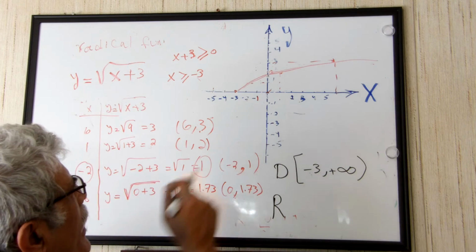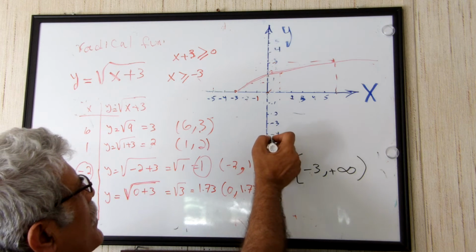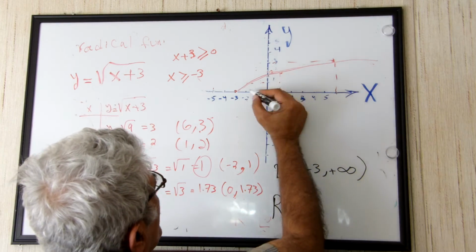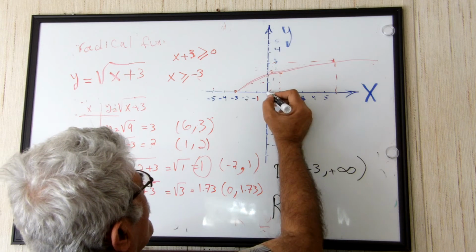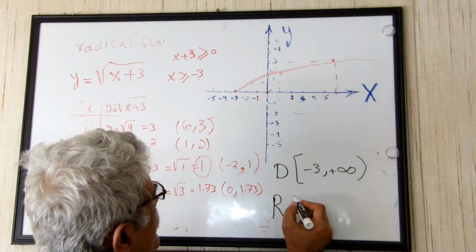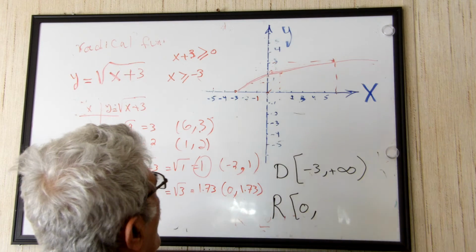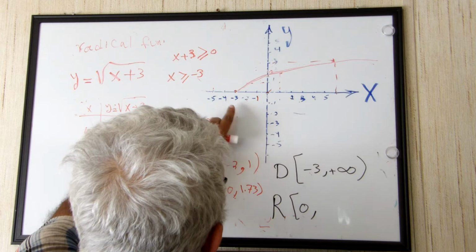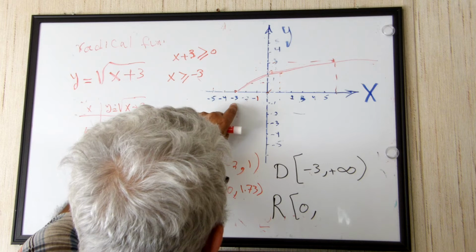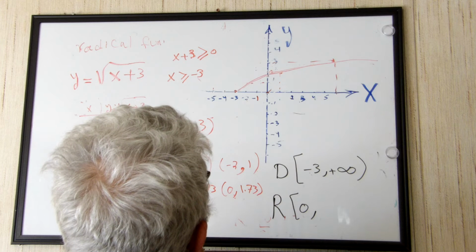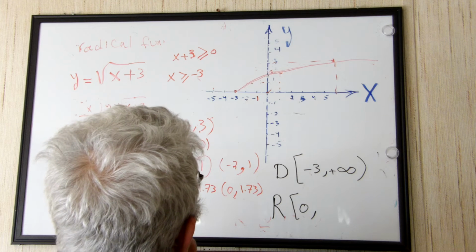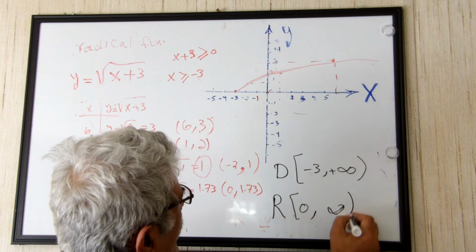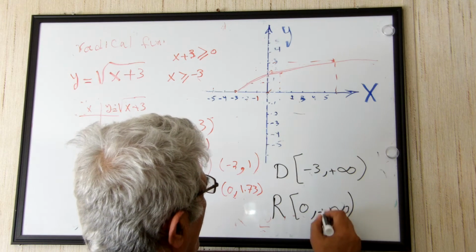What is the range? The range is the value of y. We cannot say minus 3 or minus 4, y can't be negative. So it starts from here and it's going up. Actually, it starts from y equals 0 to plus infinity.